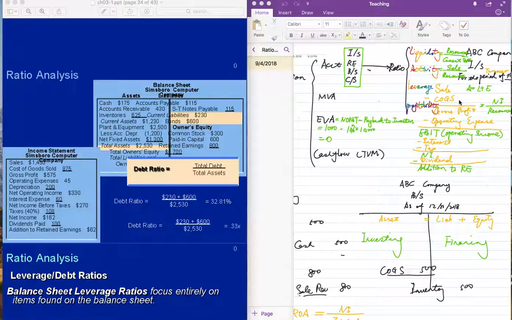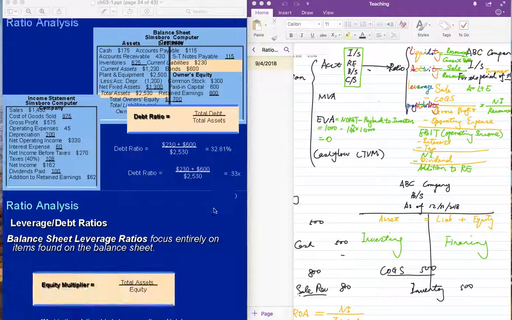So basically that would be 100% minus 32.81%. That gives us 67.19% of assets financed by equity. So if we want to calculate the equity ratio, it's just 100% minus the debt ratio.